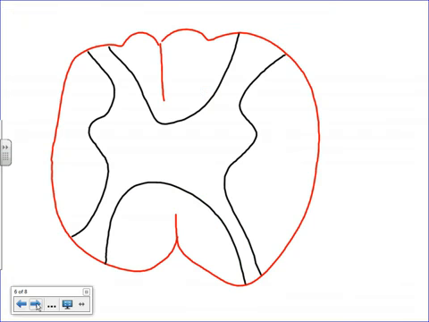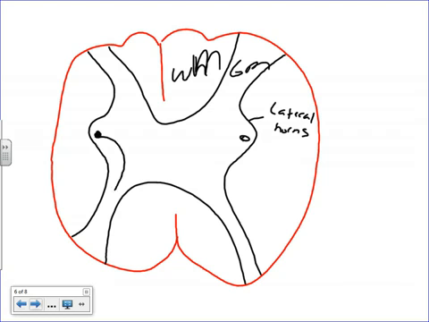Let's take a look at one thing I wanted to mention that's a little different about the thoracic spinal cord. The region of the spinal cord that passes down the thoracic vertebrae has lateral bulges, or what we call lateral horns. Remember, this is gray matter in here, and this is all white matter surrounding the gray matter. Within the lateral horns is where these preganglionic fibers begin, and then they pass out.